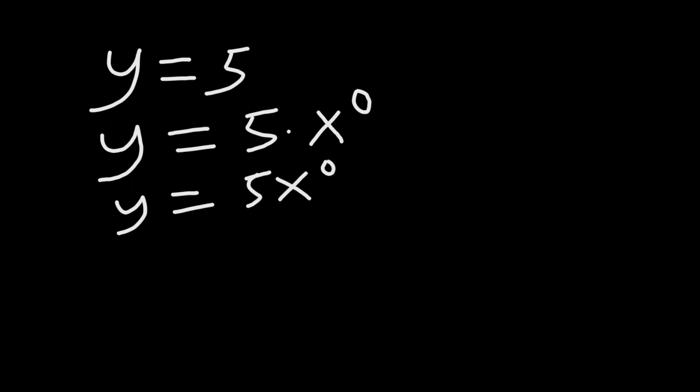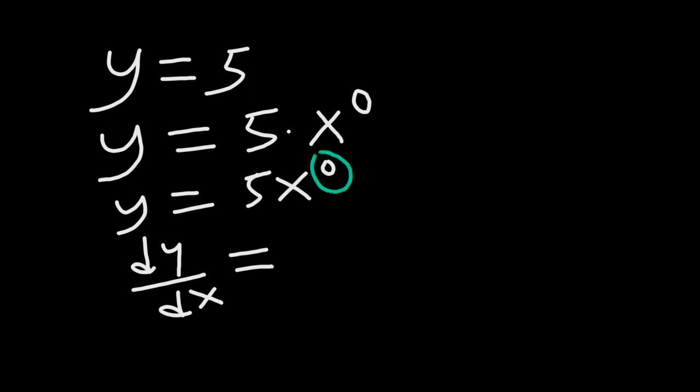Now, using the power rule, my dy/ds will be equal to, so the exponent, which is 0, will multiply what? 5. So I have 0 times 5s, and 0 minus 1 will be negative 1.